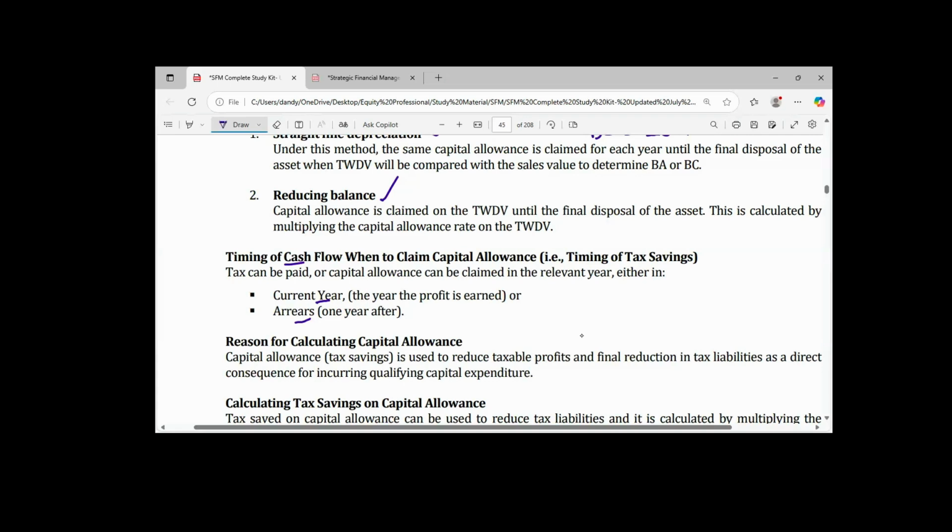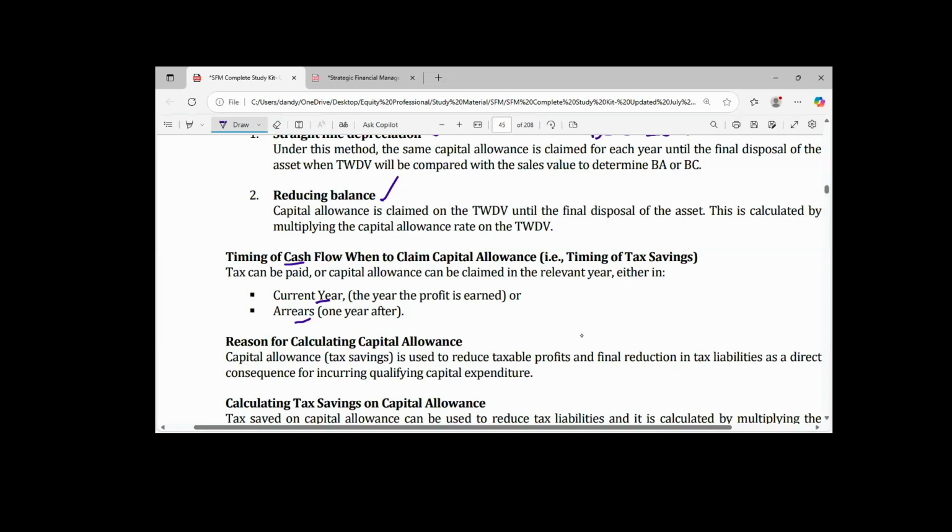But if in a question the examiner is silent, you are not told when to pay the tax liability, then you are going to assume tax will be paid in the current year. Your capital allowance will follow the pattern of your tax liability, meaning that if your tax liability is in the current year, your capital allowance must be claimed in the current year.